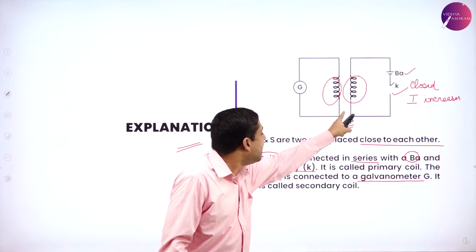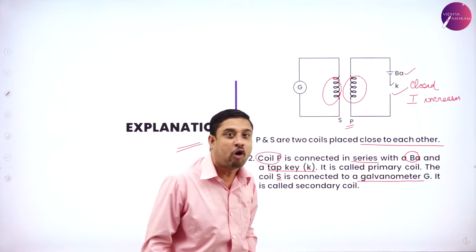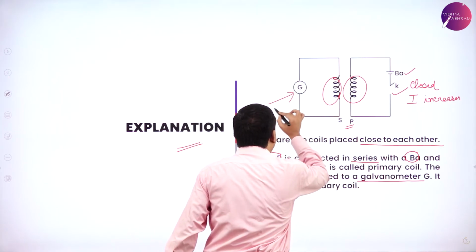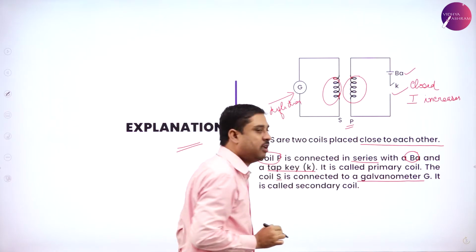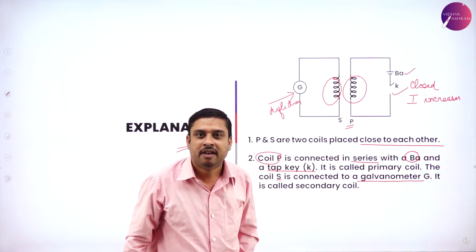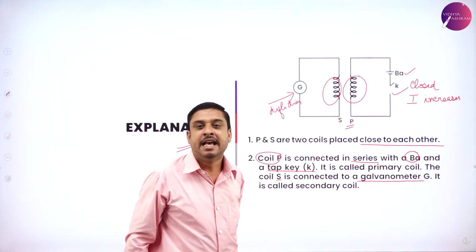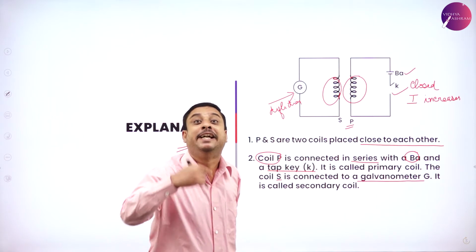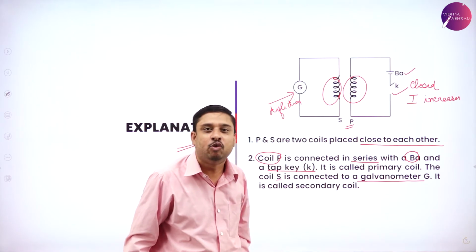The moment current started flowing through the primary coil, the galvanometer in the secondary coil showed some deflection. Here I have no source of current, but if the galvanometer shows deflection, there has to be some induced current.